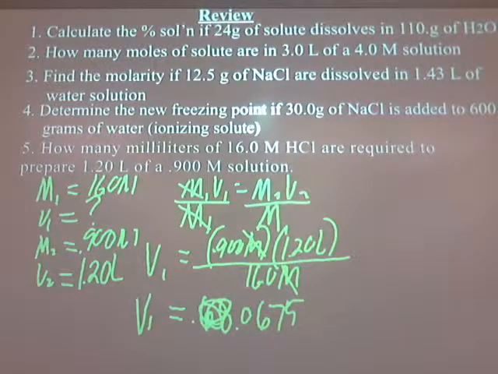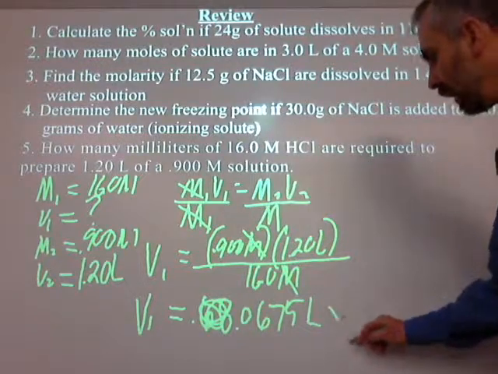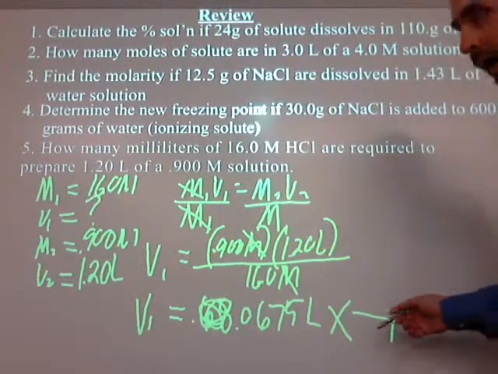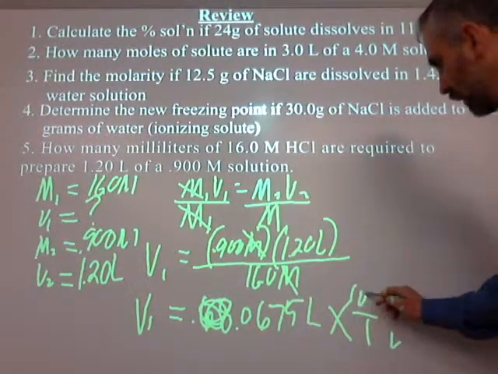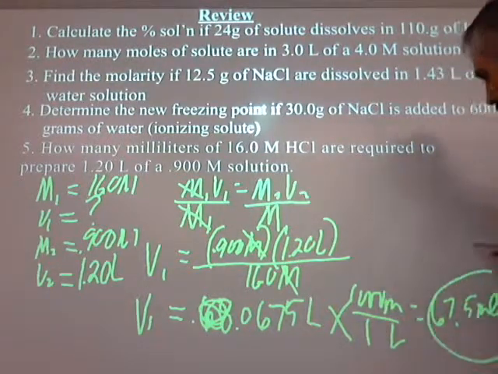Is that right? 0.0675? Now, hold on. It's not quite the end. There's a couple other things I want to talk to you about because I may ask the question differently. Obviously, that's in liters. What will that be in milliliters? 1 liter contains 1,000 milliliters. I get 67.5 milliliters. Okay?